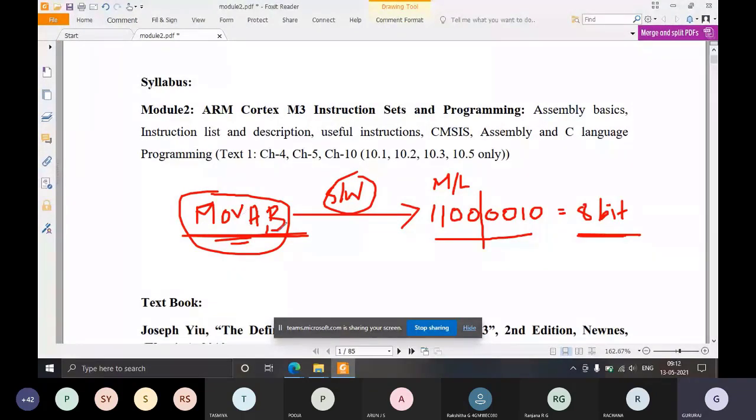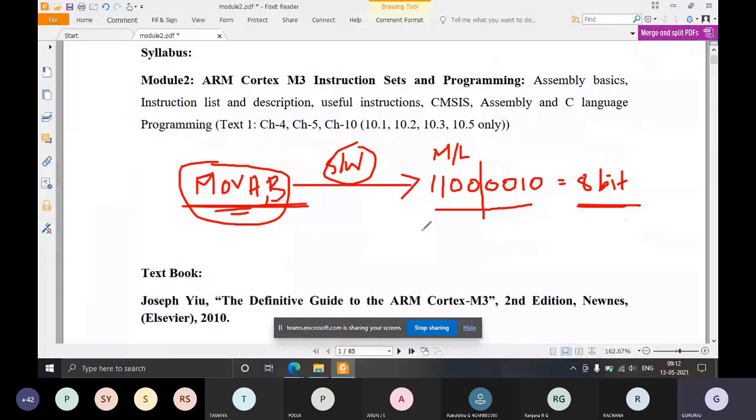Move a comma b is converted to an 8-bit code because it is an 8-bit instruction. In 8051, whatever instruction you write in assembly will be converted to an 8-bit machine level code word. That is why these instructions are known as 8-bit instructions.